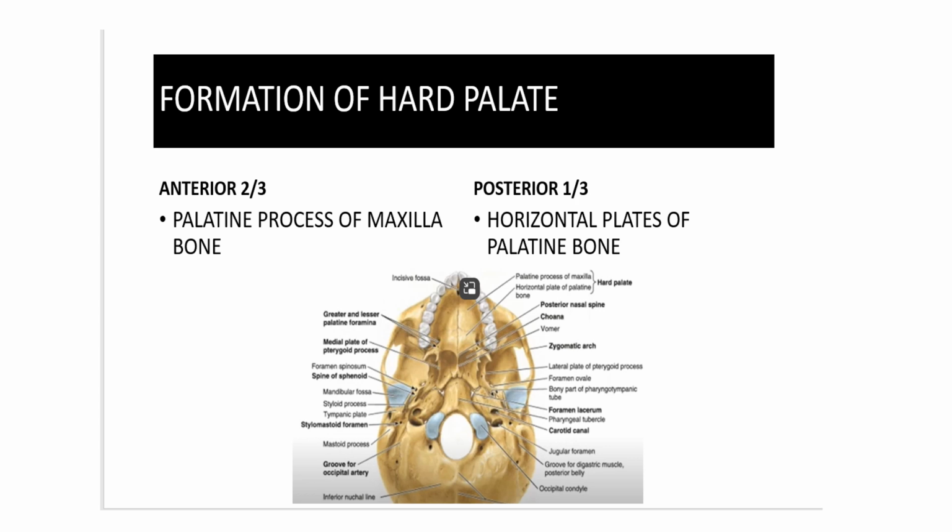The hard palate is made up of two parts. First of all, the anterior two-thirds of the hard palate is made by the palatine process of the maxilla bone, that we can see from the diagram, and the posterior one-third of the hard palate is made by the horizontal plates of the palatine bone.